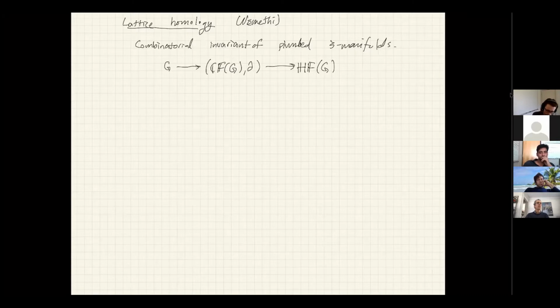And so one of the things Némethi proved is that this is an invariant of the three manifold Y_G, i.e. it doesn't depend on the graph G. There are Kirby moves, I guess usually you call these Neumann moves, between two different plumbing trees that represent the plumbed manifold, and it's invariant under these moves. So it's invariant under certain Kirby calculus moves. It depends only on the three manifold Y_G.